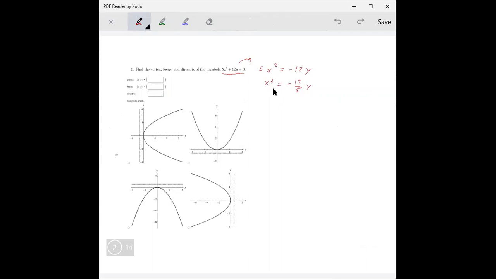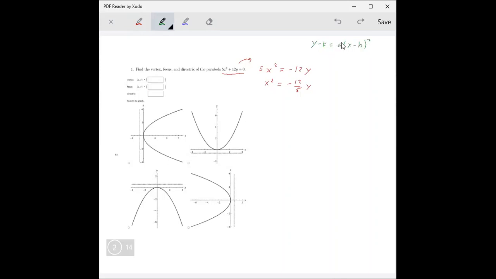Now, most of the time you're familiar with parabolas as being something like this: y minus k equals a times x minus h squared, like that. And these are parabolas where the y is not squared, but the x thing is squared.